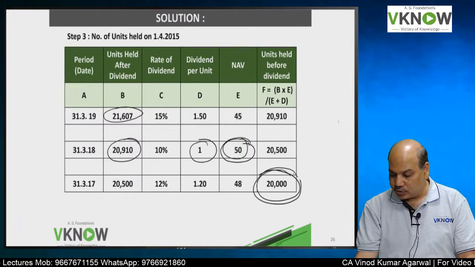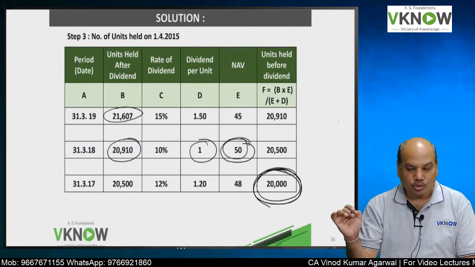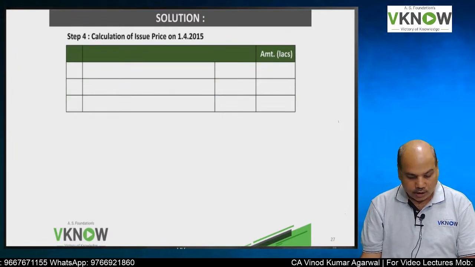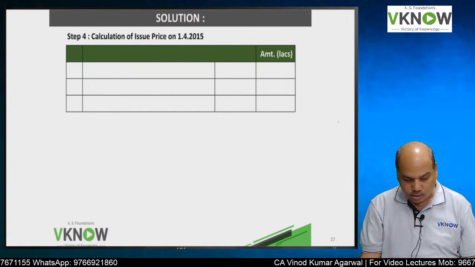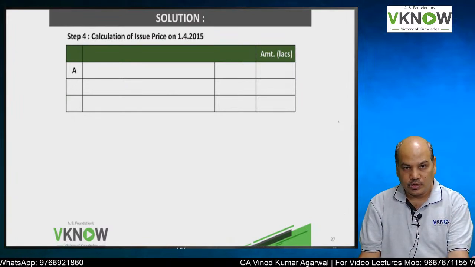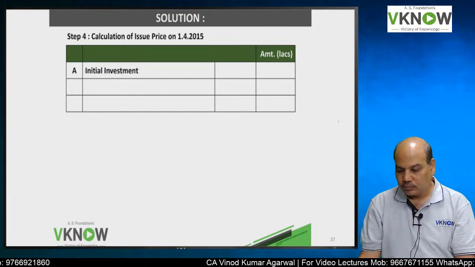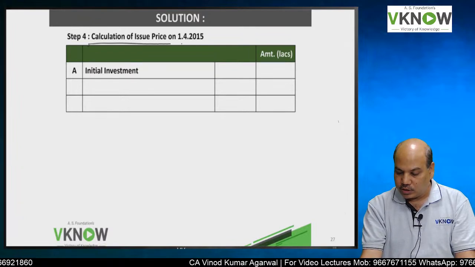So 20,000 units were held on 1st April 2015, and you have invested an amount of 9,20,000. So 9,20,000 was invested for acquiring 20,000 units. So my first answer is over.